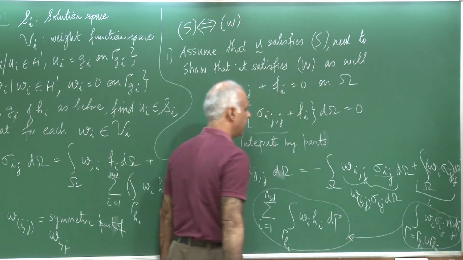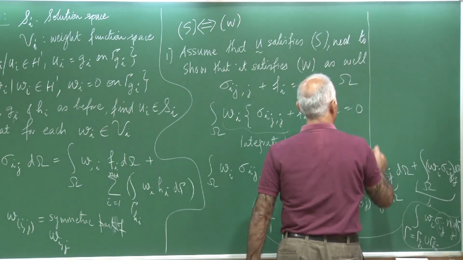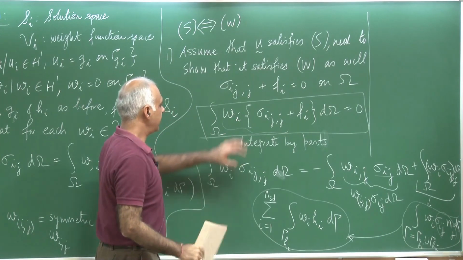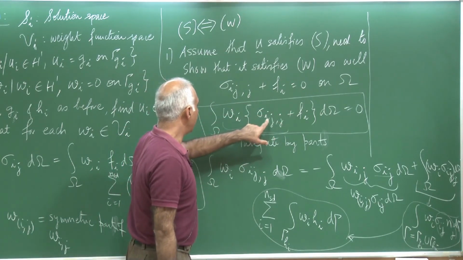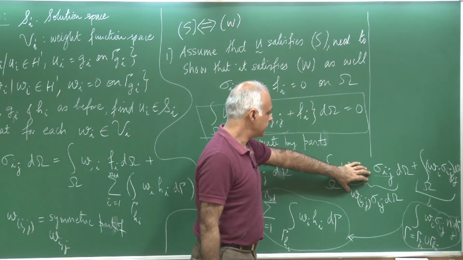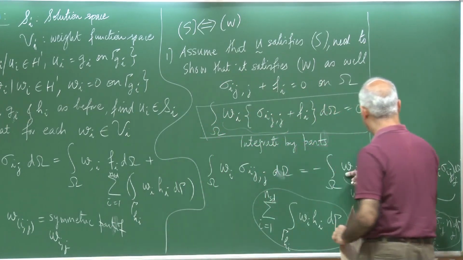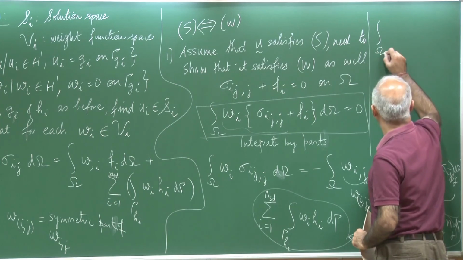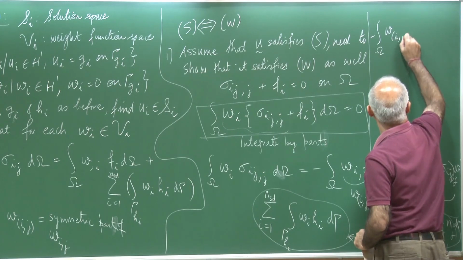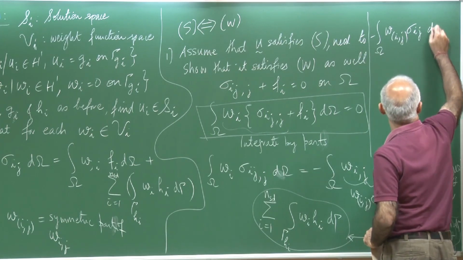And now what I have shown is that if I want to rewrite this quantity over here, it has two parts. So W i sigma ij,j, the first term, and then the second term. Let me rewrite it for you. This becomes the integral over omega of minus W i,j, I will take the symmetric part, sigma ij d omega.